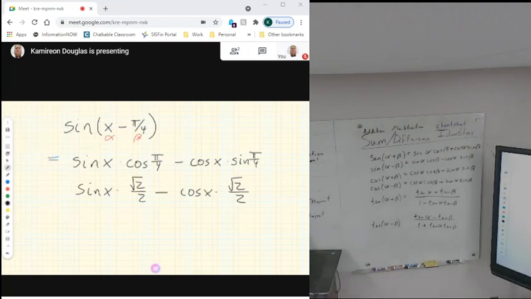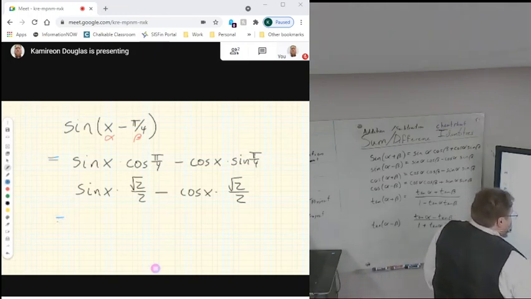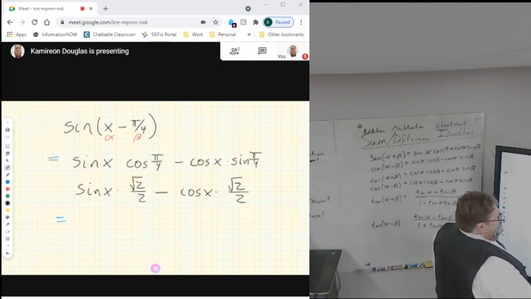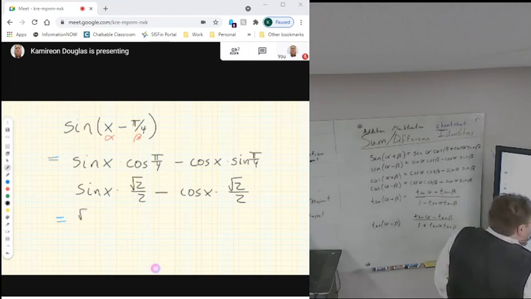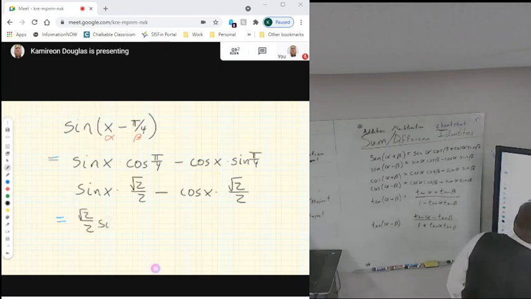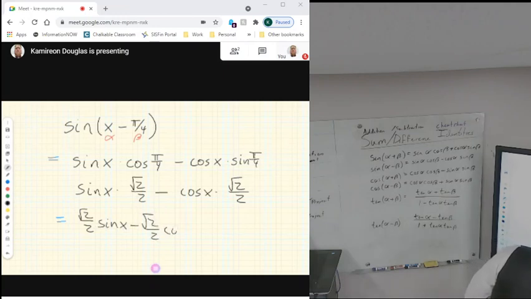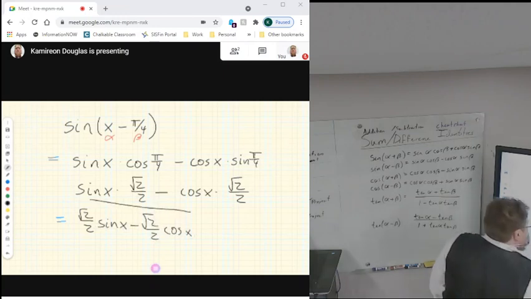I then make this algebraically appropriate by taking the constants and moving them out front as coefficients. That means my solution, the way to algebraically rewrite this function, is square root 2 over 2 sine of x minus square root 2 over 2 cosine of x.